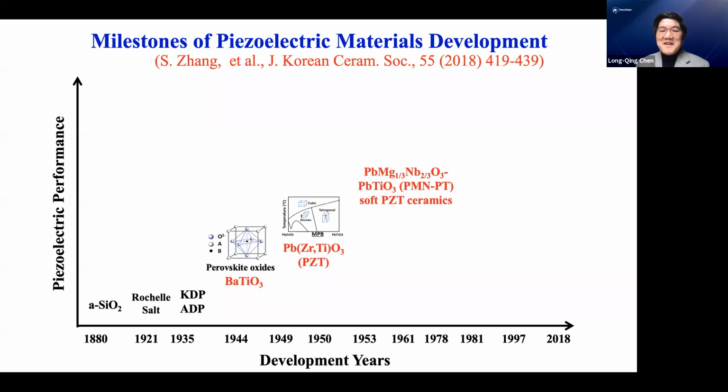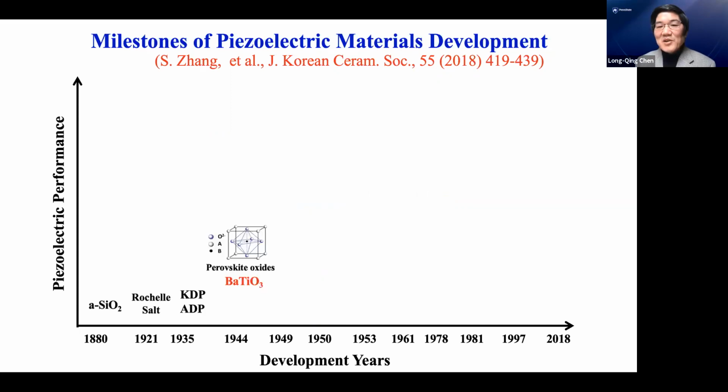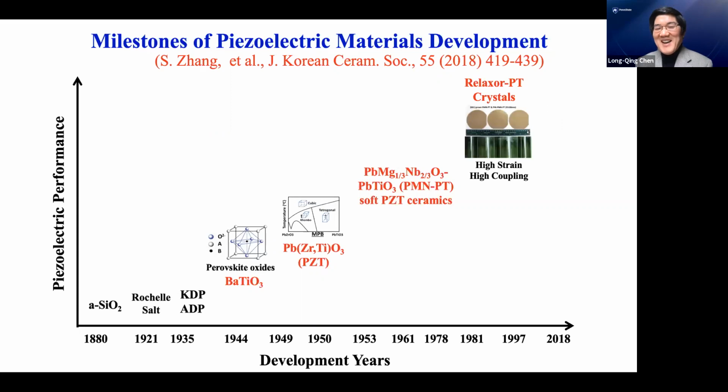And then the next milestone is the relaxor ferroelectric ceramics. And then about 20 years ago, the discovery of single crystals here at Penn State, in relaxor lead titanate, or relaxor ferroelectric crystals.